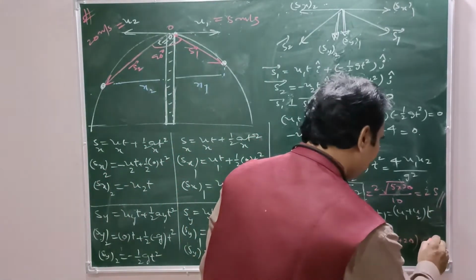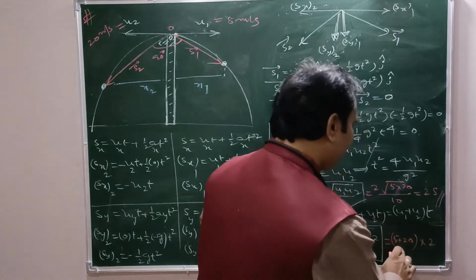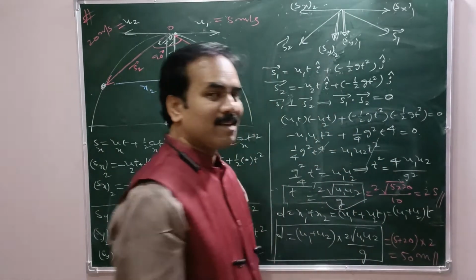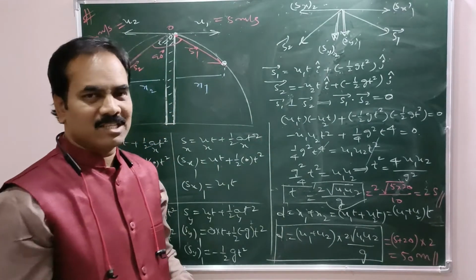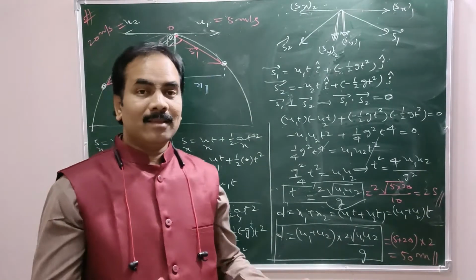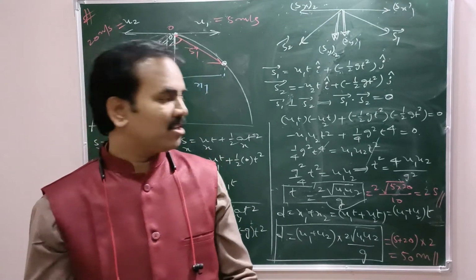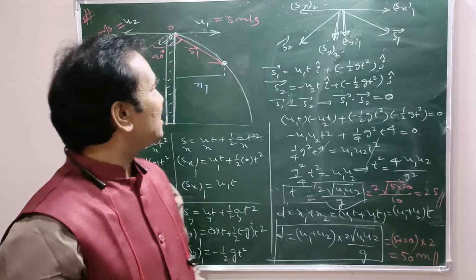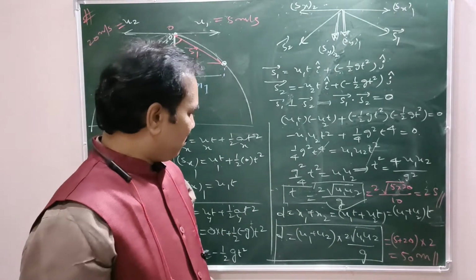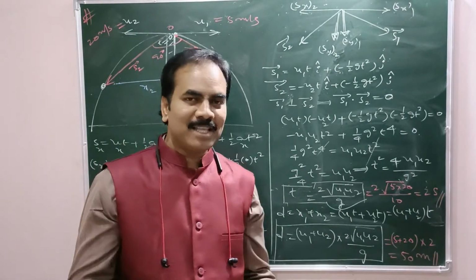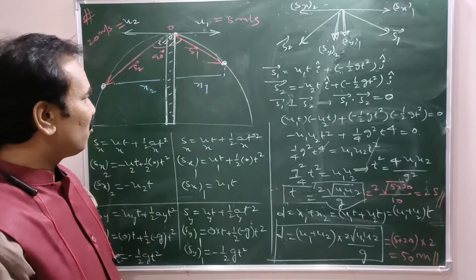That is 25 into 2, which means 50 meters. So this is the separation between the projectiles when their displacement vectors are perpendicular to each other. That's how one can find the separation between the projectiles and the time after which their displacement vectors are perpendicular.